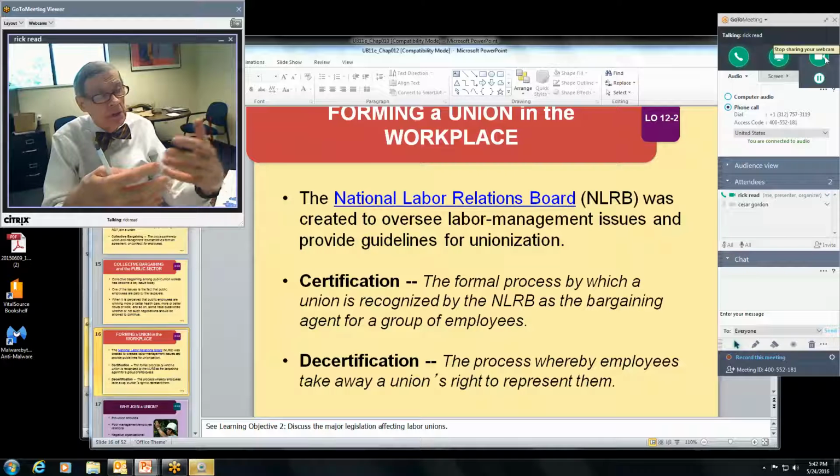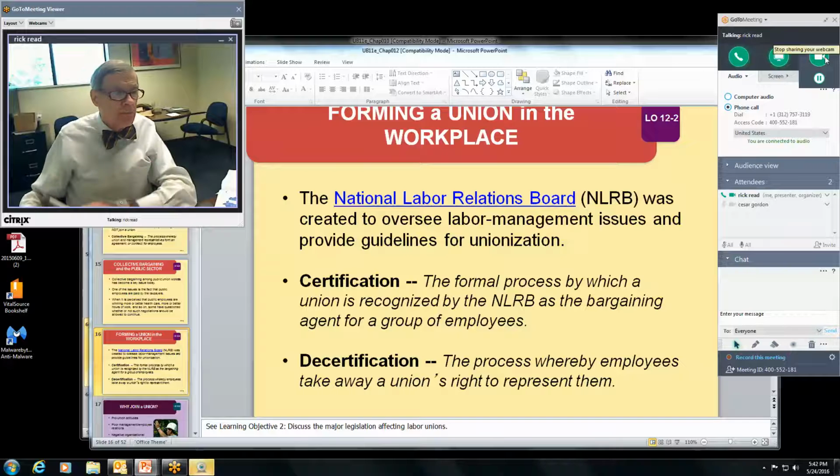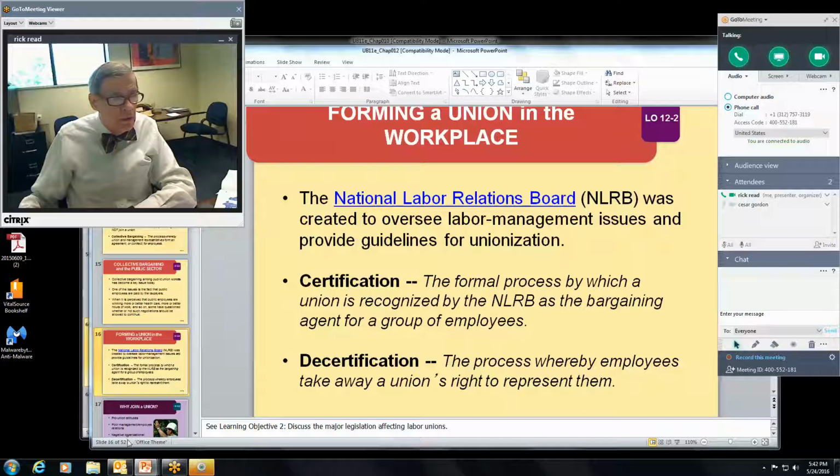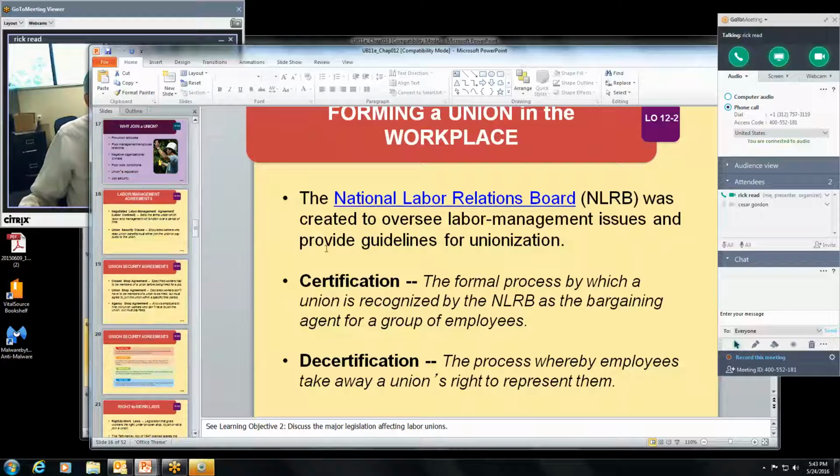In other words, an election to certify a union as the bargaining agent or to decertify a union as the bargaining agent, which we're talking about right here, the next two bullets on this particular slide. The National Labor Relations Board will come in and monitor an election.